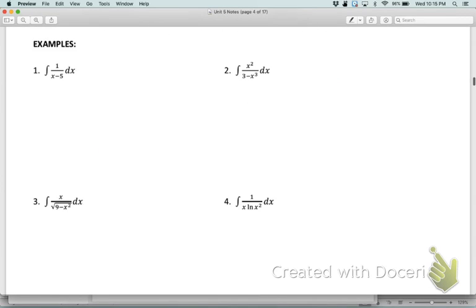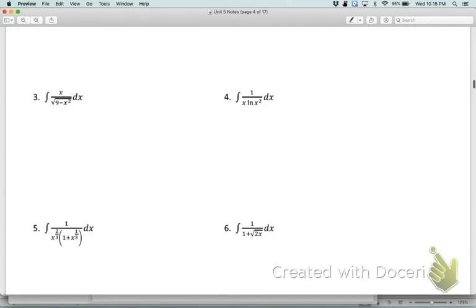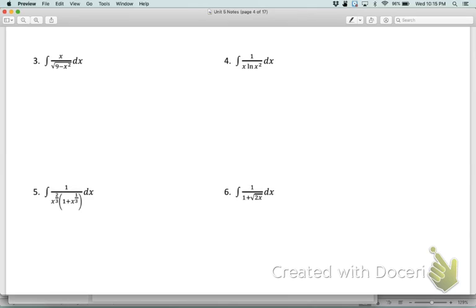Okay, now let's look at number 3 and number 4. These are not always going to require the log rule. Some of them might, some of them might not. So if I look at 3, I feel like the inside is not going to be the whole denominator.